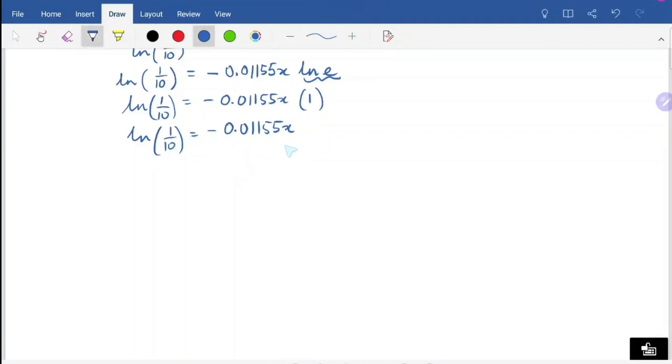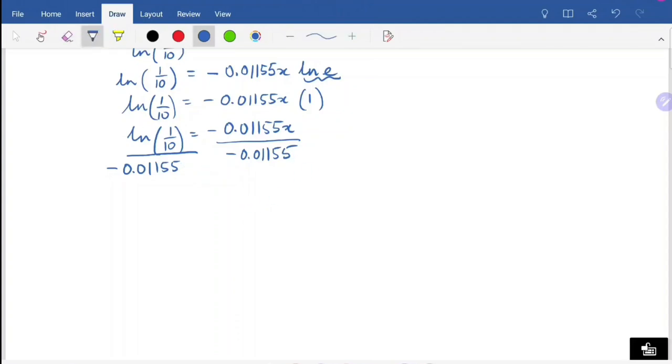We just divide both sides by the value of k, negative 0.01155.